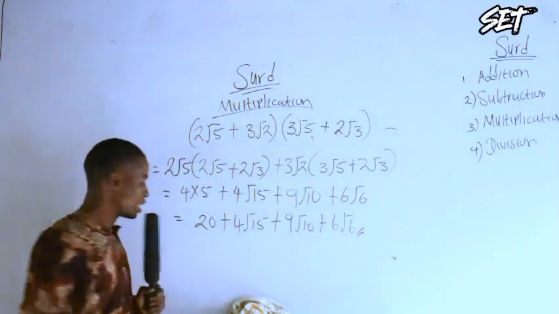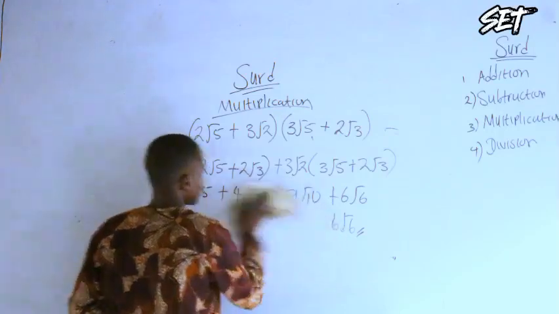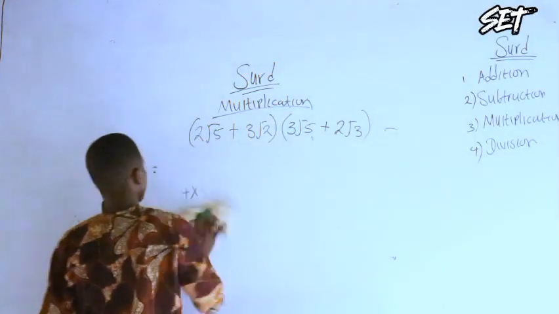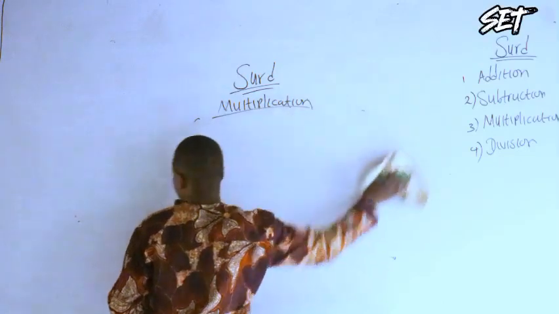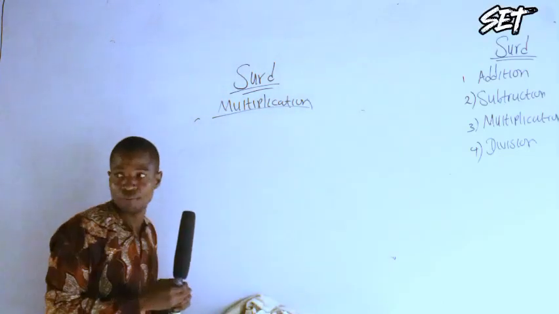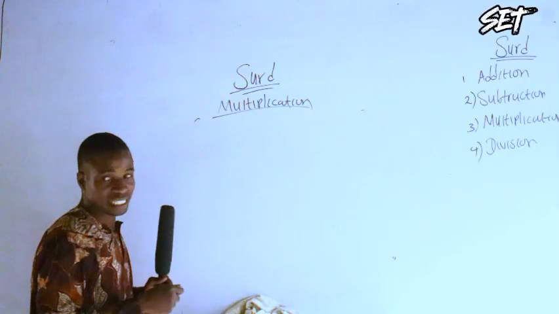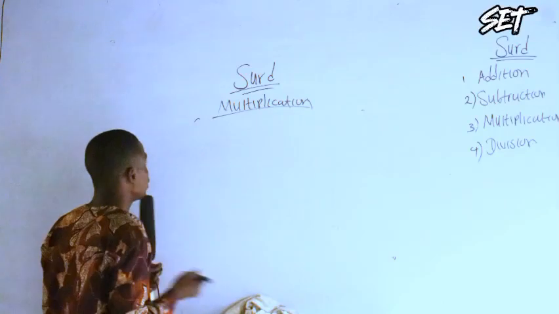Now, let us look at another one so that we can really understand what is going on here. Please make sure you are writing. When you do not understand, rewind it back until you understand it one after the other.